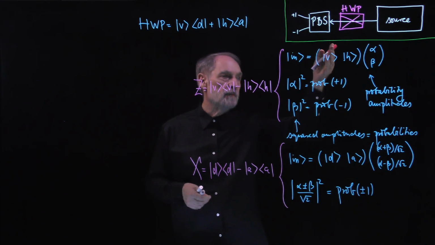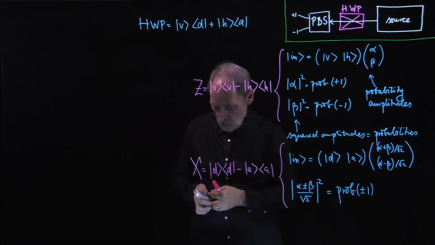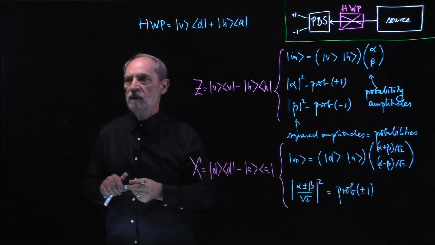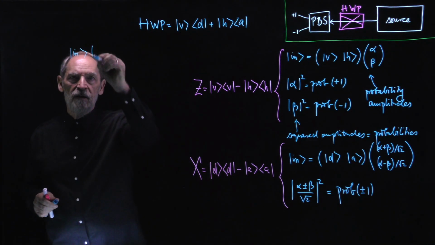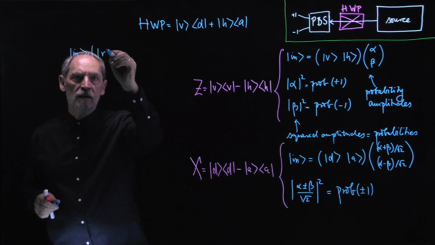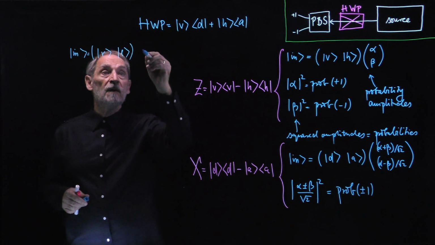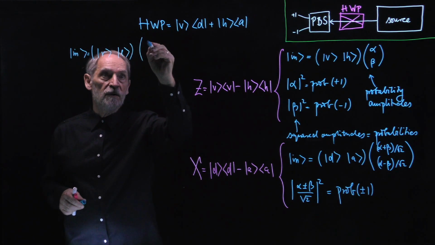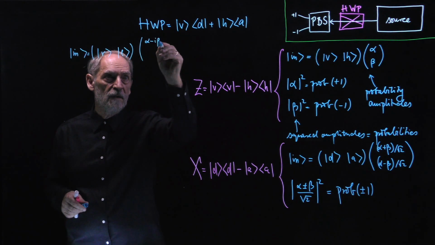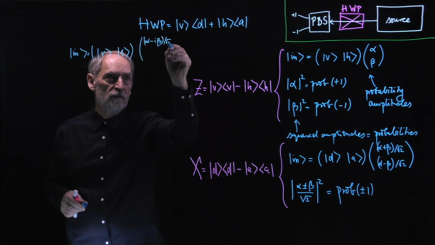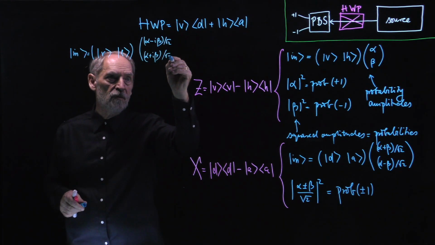But in addition to vertical horizontal, diagonal anti-diagonal, we also had the option of referring to right-handed and left-handed polarization as the basic choices, and then we have the probability amplitudes of alpha minus I beta divided by square root 2 and alpha plus I beta divided by square root 2.